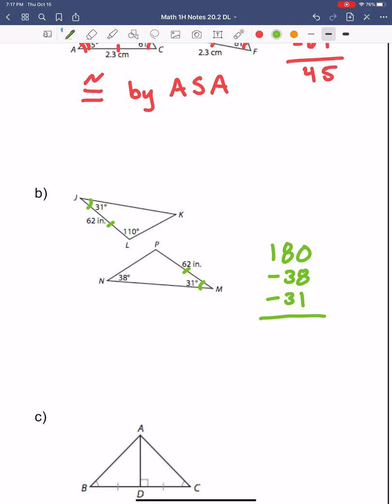And we can see that we're going to be just off here, not quite 110. I think this turns into 111 degrees. And so then we know that angle L and angle P are not congruent to each other. So then these two triangles are not going to be congruent by angle, side, angle.